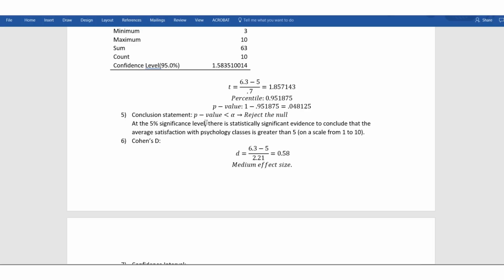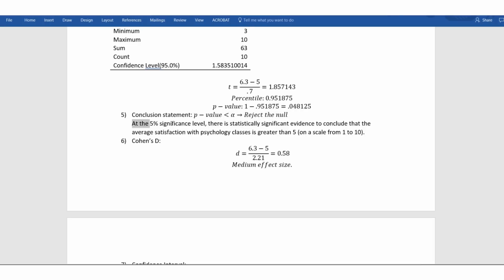If your p-value is greater than your alpha, then you fail to reject the null and you'll say there is not. Okay? But that would be the only thing that's going to change in our sentence depending on the p-value.